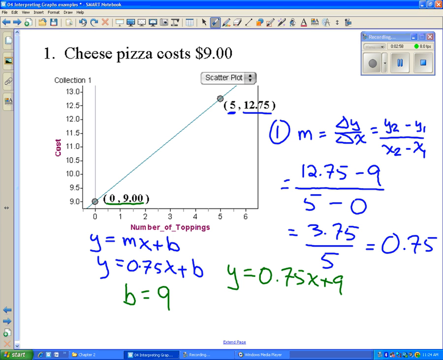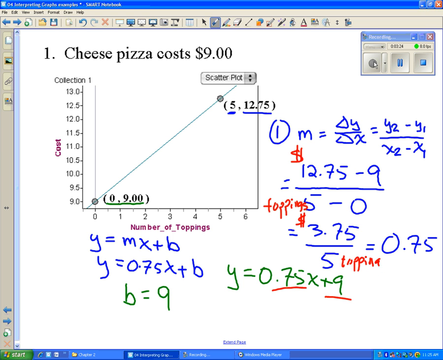My y-intercept is 9. My slope is 0.75. So what does this mean? Well, remember what I was talking about over here? This was dollars and this was toppings. So when I divided, this was $3.75 for 5 toppings.